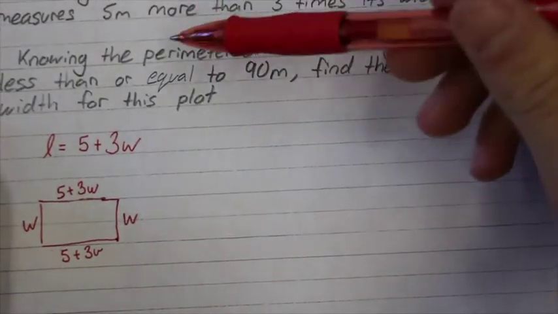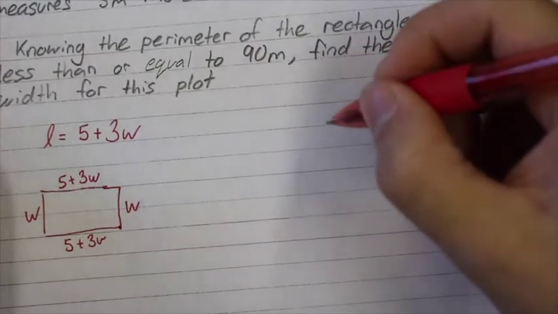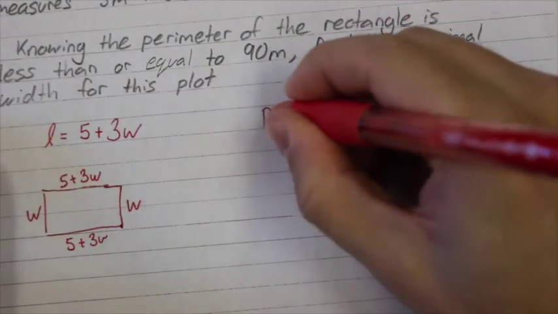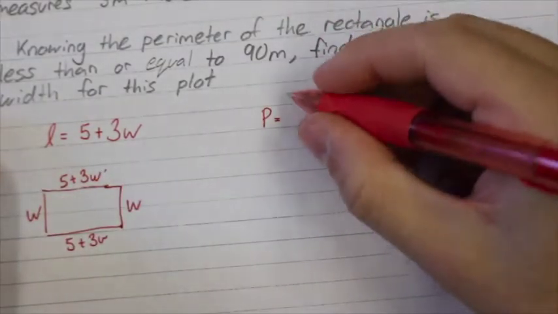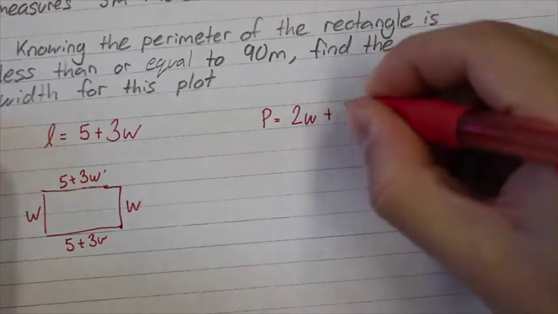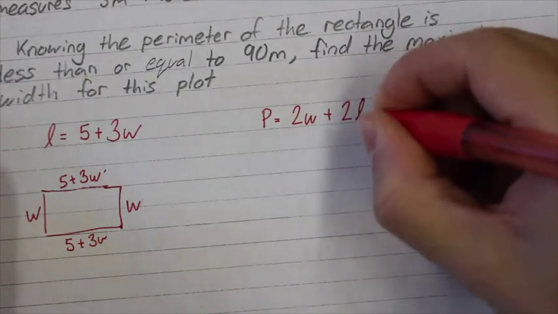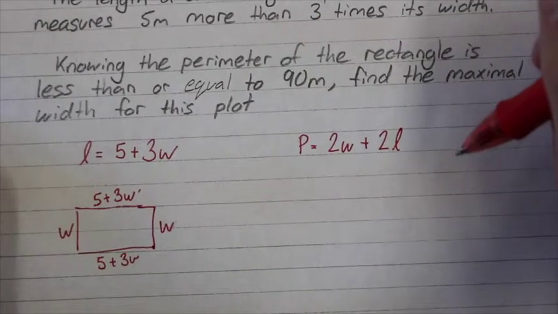Now let's use the second part: knowing the perimeter of the rectangle. Well, the perimeter of a rectangle, I know what that is. It's going to be the addition of all these sides, or the 2 widths plus 2 lengths, right? So make sure you're clear on that.